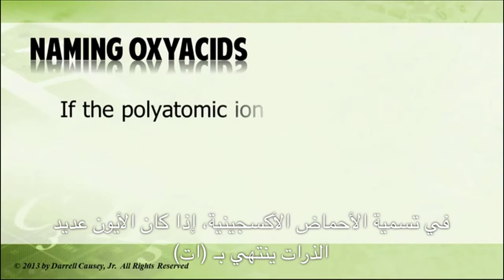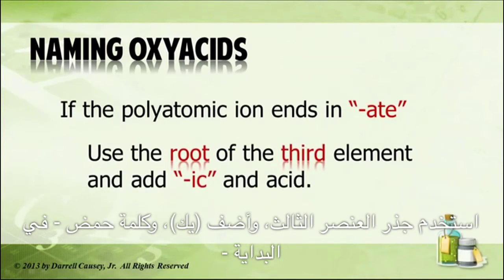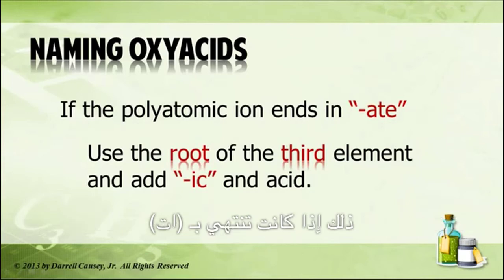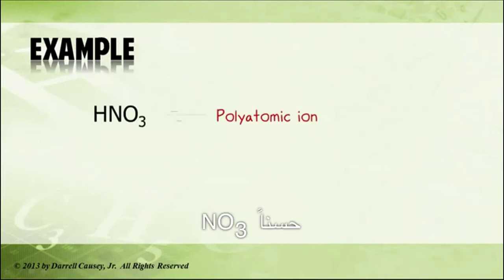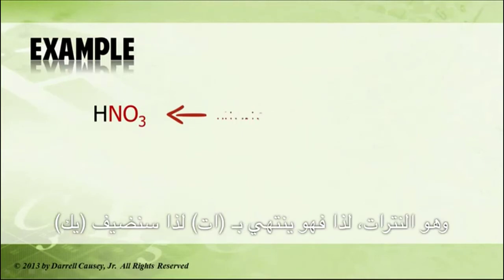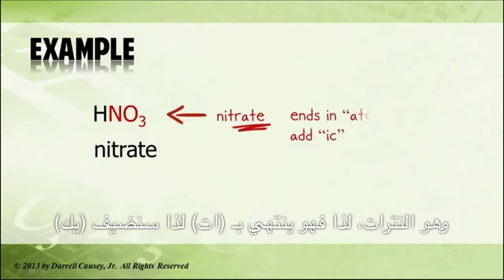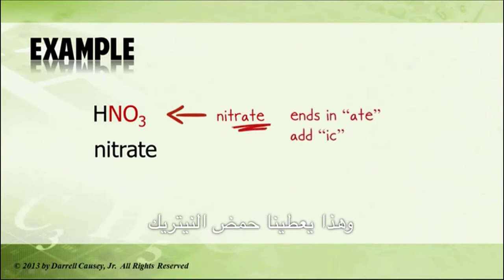Naming oxyacids. If the polyatomic ion ends in ATE, use the root of the third element, add IC, and acid. That's if it ends in ATE. Let's try some. An example, HNO3. NO3 is our polyatomic ion, and it is nitrate, so it ends in ATE, so we're going to add IC, and that would give us nitric acid.